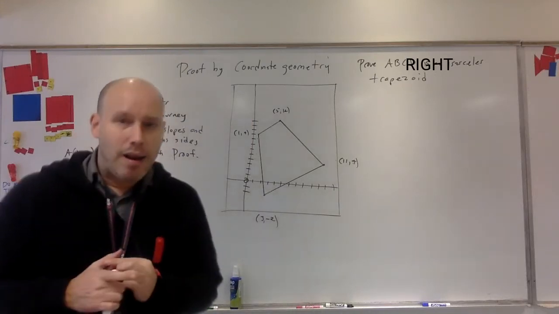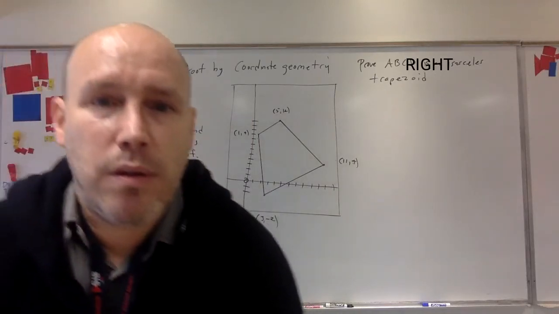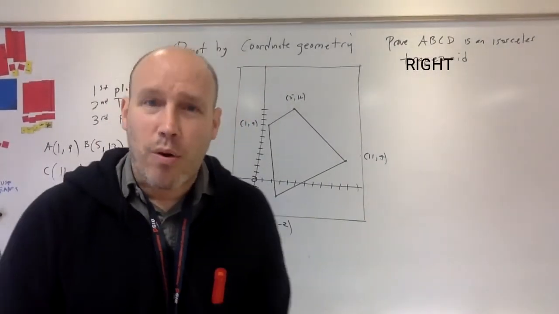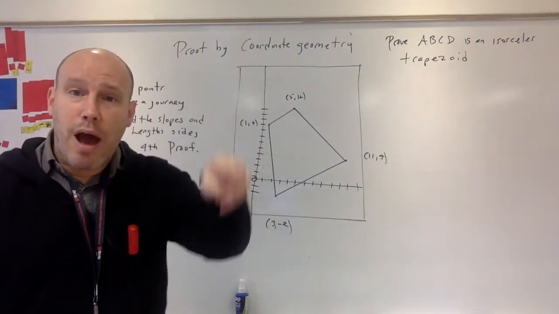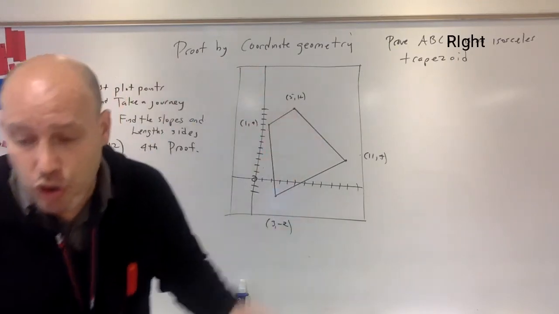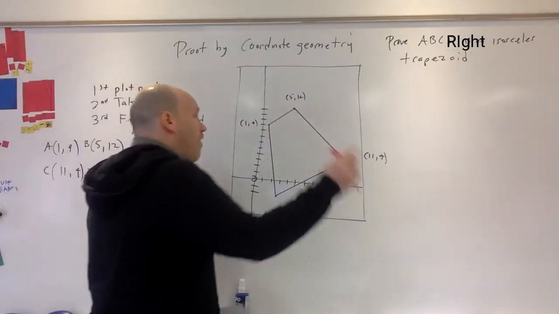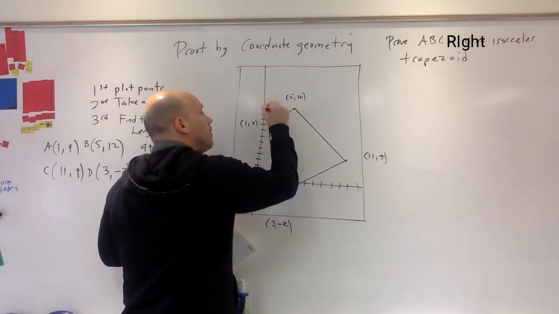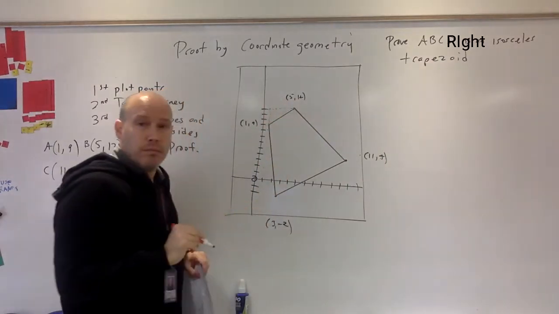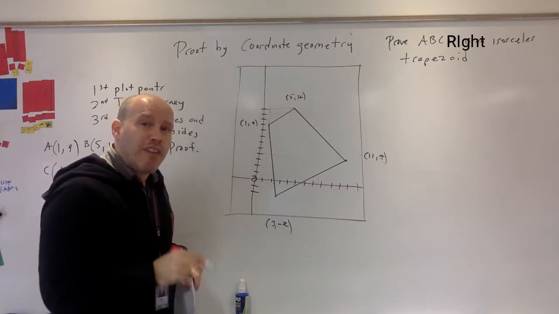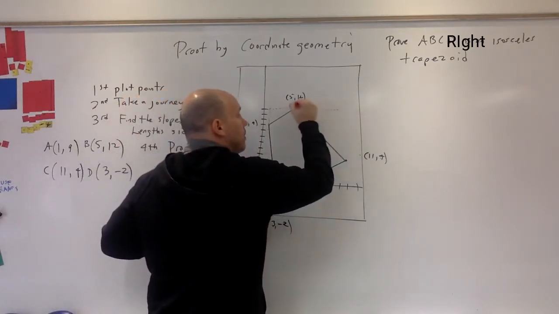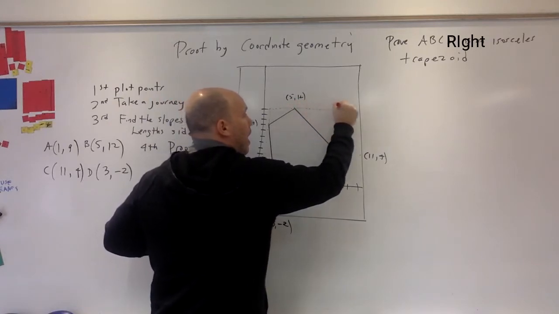Now, how do we move around graph paper? You can only go up or down, to the left or the right. So on my graph paper, I'm going to go up. Next, I'm going to take a journey from B to C, over to the right, and down.